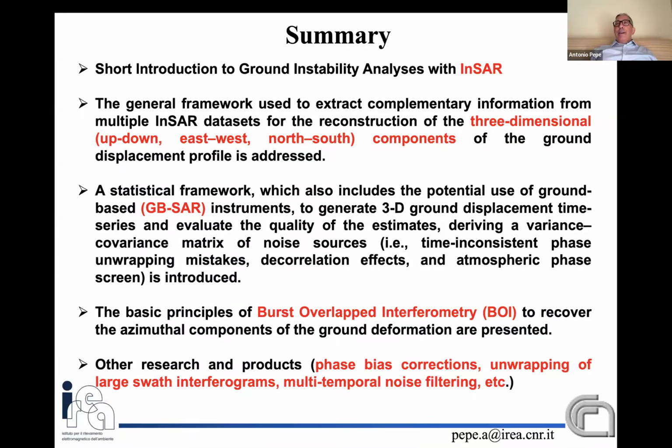The basic principle of the interferometric SAR technique is to reconstruct the line of sight displacements occurred between T sub 1 and T sub 2 by computing the phase difference between the master and the slave image. And very simply, the relation that relates the phase difference with the component of deformation along the line of sight depends on the wavelength.